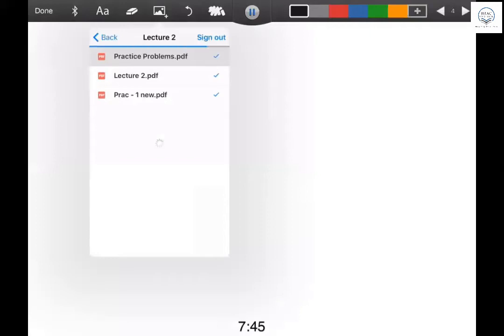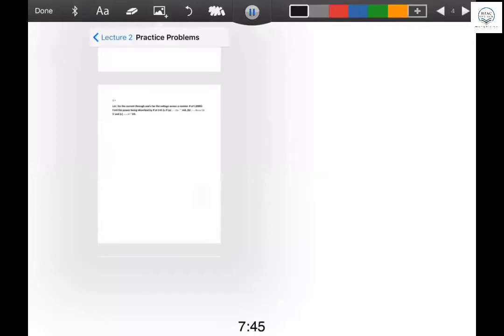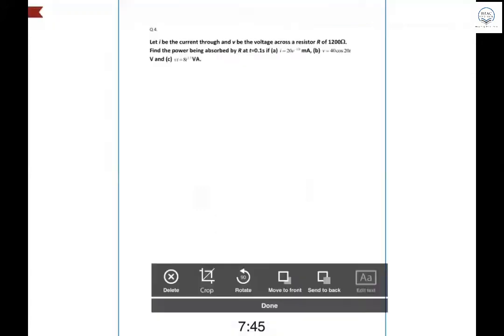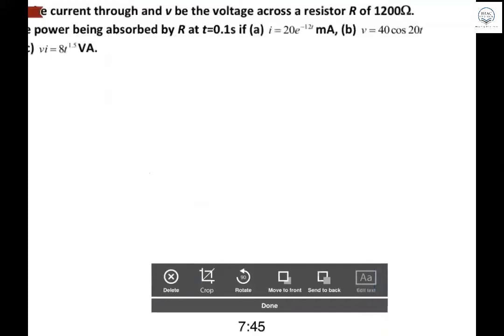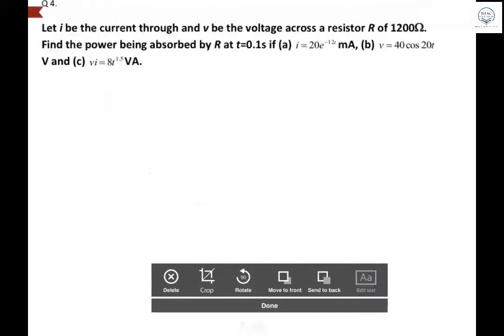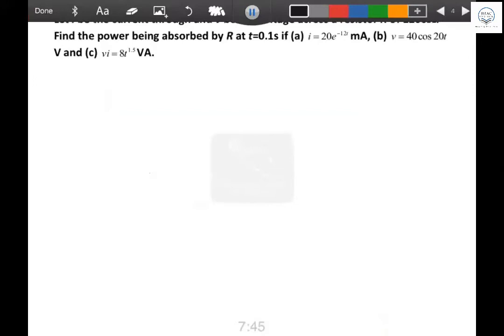Okay, if no, then we are jumping to the second problem. I think again, most of you have tried to solve this problem, and we will see now how to do it. Okay, Muntasir.